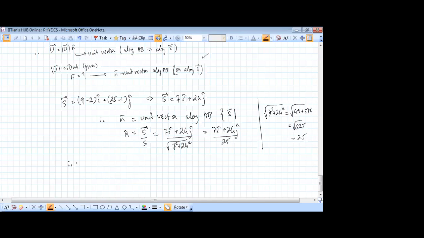Therefore, the velocity vector will become its magnitude multiplied by that same n cap. So 50 meters per second is the magnitude, multiplied by that unit vector. Now cancel this with this, by 2, so that becomes 14 i cap plus 48 j cap in meters per second. So that becomes the velocity vector. Hope this is clear to all of you.